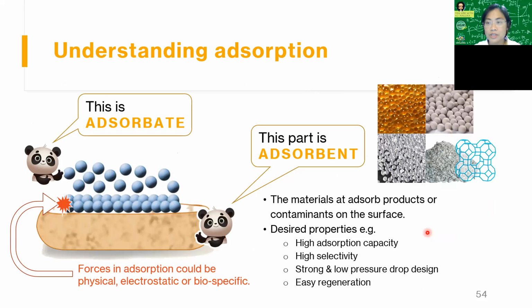But for adsorption, since it is the surface interaction, things don't get into the matrix. It gets adsorbed onto the surface of what we call the adsorbent. Okay, the adsorbent is the matrix we are talking about, and whatever you want to get adsorbed is called the adsorbate. Okay.